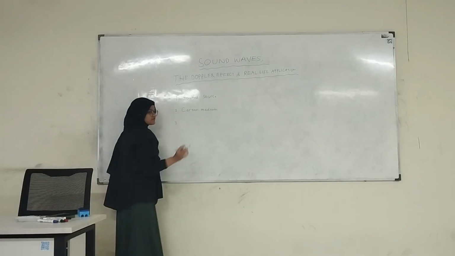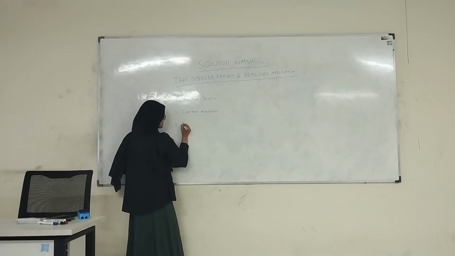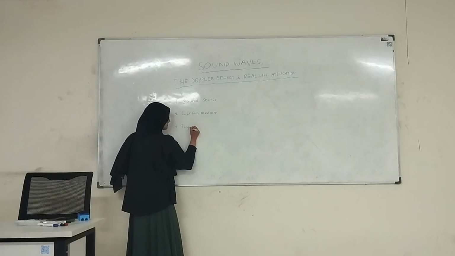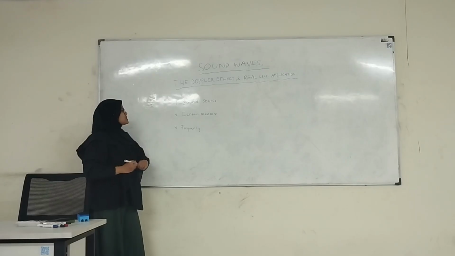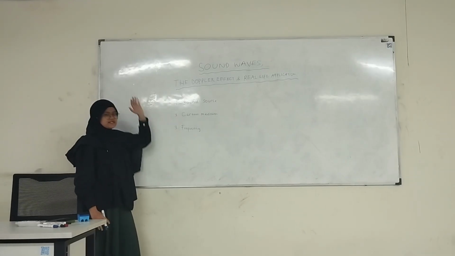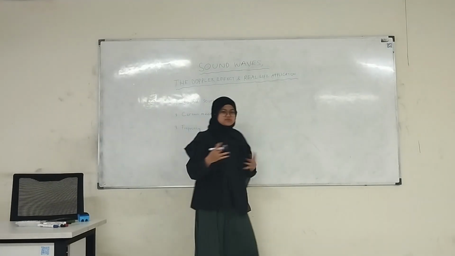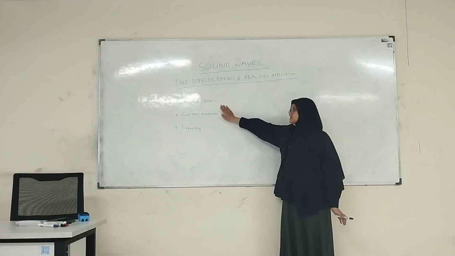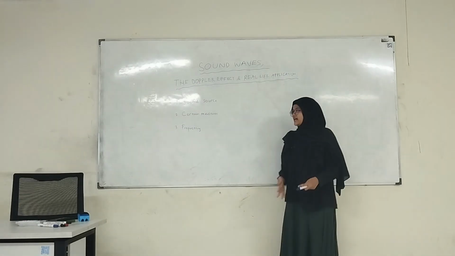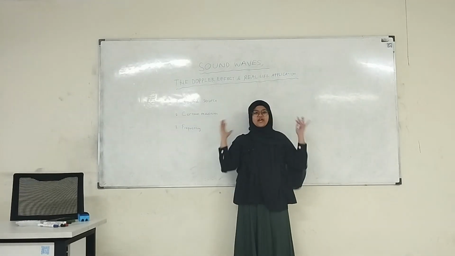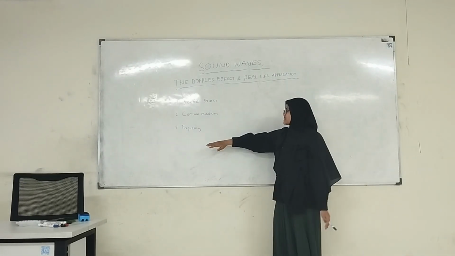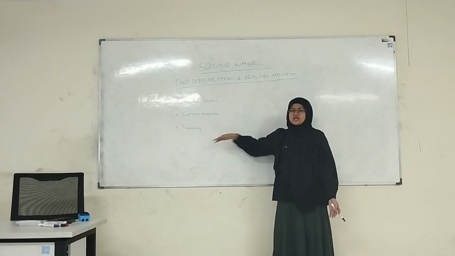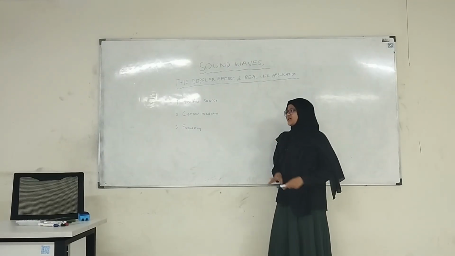And the last one is frequency. For example, I am talking to my friend, and I am the sound source, and my medium is the air. And the last is the frequency, my sound frequency.